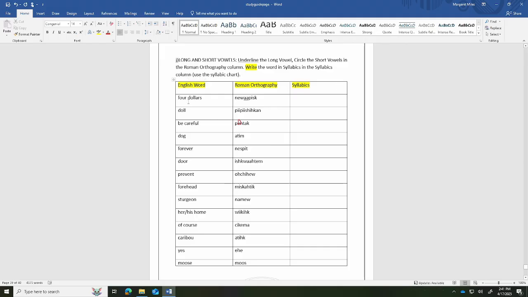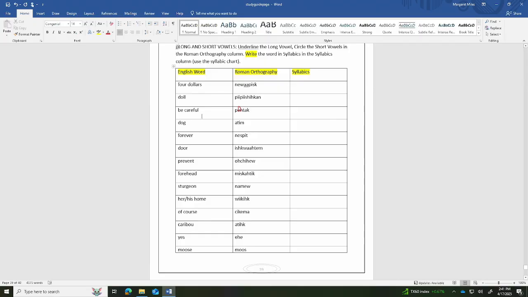So the first word in the English column is, and it is written in Roman orthography. So you write the syllabics in the syllabics column. The next one is dish, be careful.